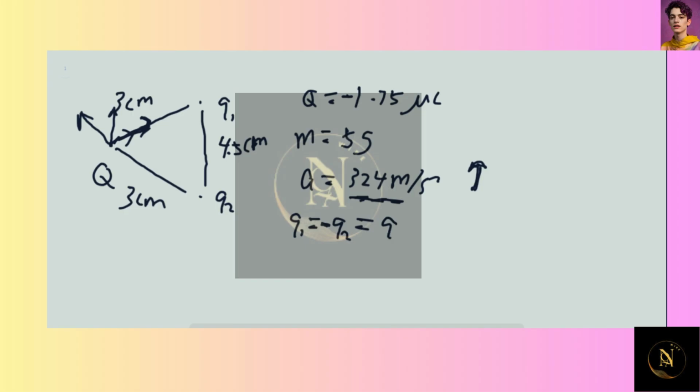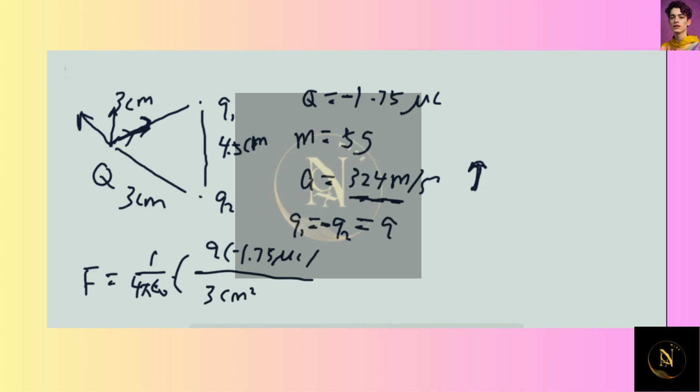The net force on the capital Q has the expression F equals 1 over 4 pi epsilon naught times q times capital Q, which is negative 1.75 microcoulombs, divided by the distance, which is 3 centimeters squared. This is the magnitude of the force exerted by Q1, and we just need to find the y component.